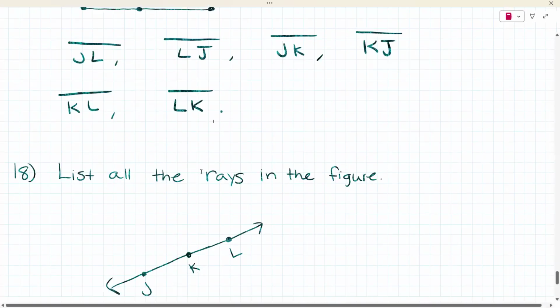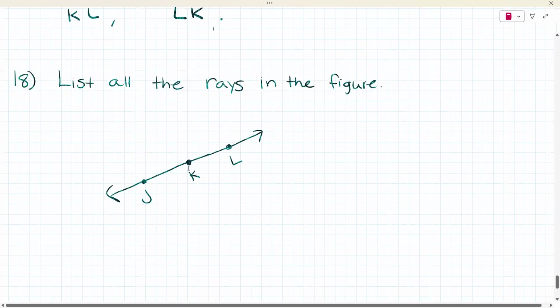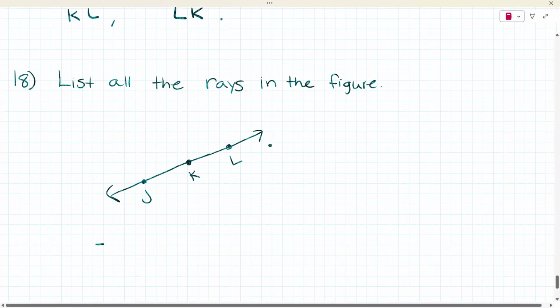Next one. List all the rays in this figure. What is this? This is a line. See how there are arrows pointing in opposite directions? We have to come up with some rays. One ray could be expressed as ray JK. Another one could be ray KL.